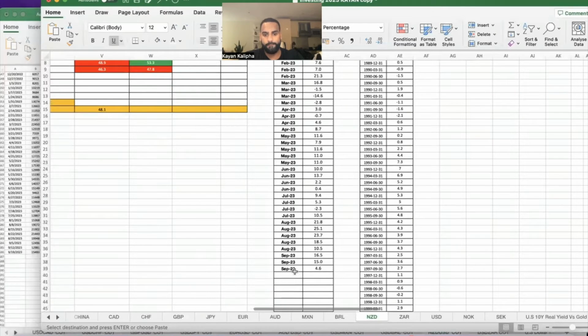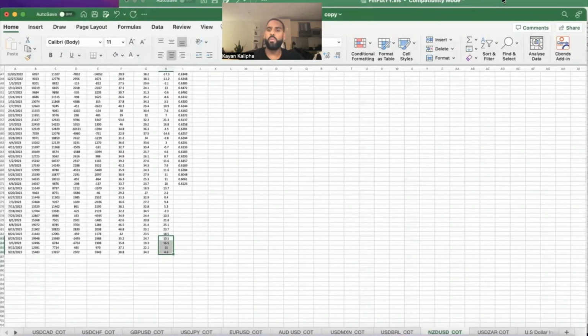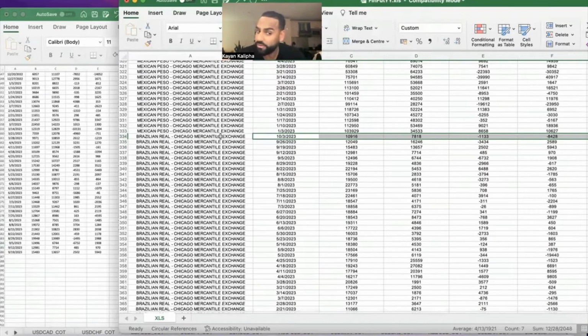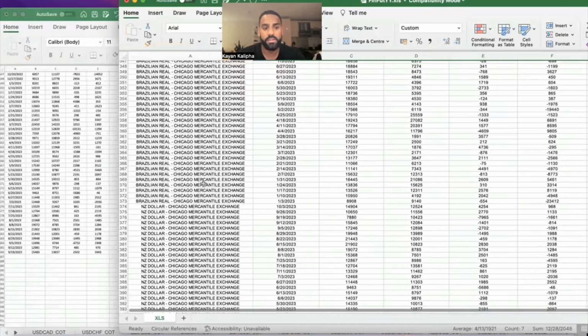Let's look at the New Zealand dollar. Let's see what they're expecting for the New Zealand dollar. So yeah, guys, if you're going to trade currencies and we're not watching the COT report, that's very risky trading, man.